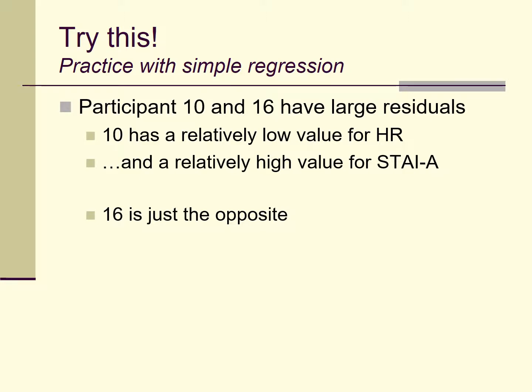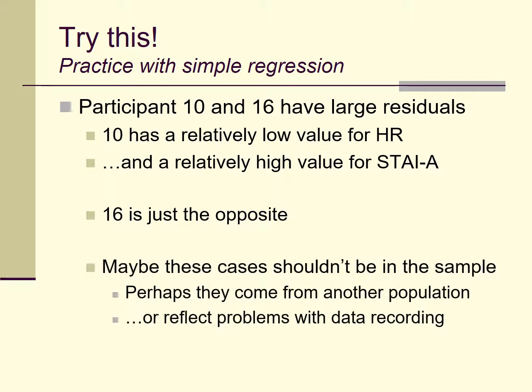It's a little bit of a tough call. And the point I'm making is sometimes it is the possibility that the cases that have these unusual outliers in terms of the residuals shouldn't really be part of the sample that we're studying because they've really wandered in, so to speak, from another population.